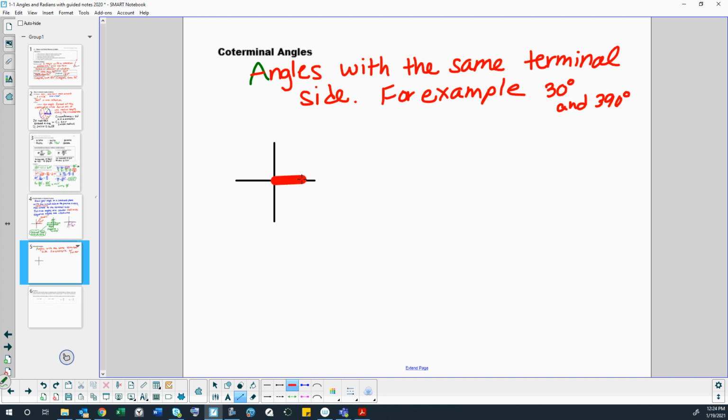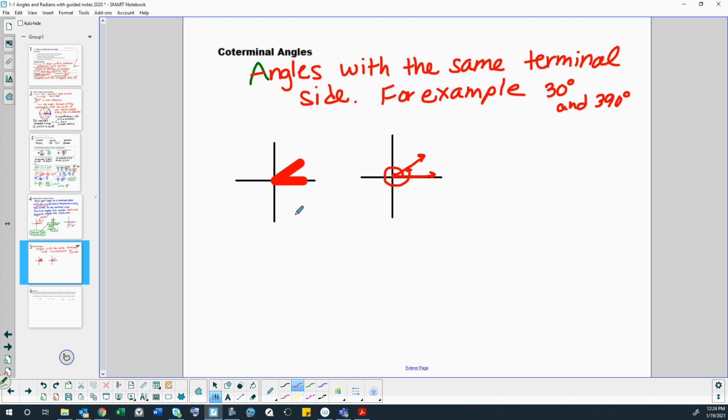So a 30-degree angle would be about there, right? Now, if I do a 390-degree angle, that simply means I start at my positive x-axis, I go all the way around to 360, plus an additional 30.